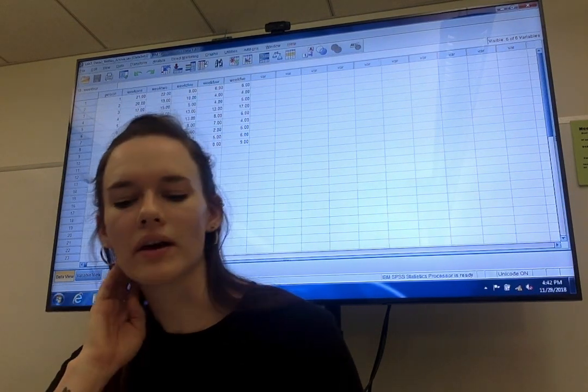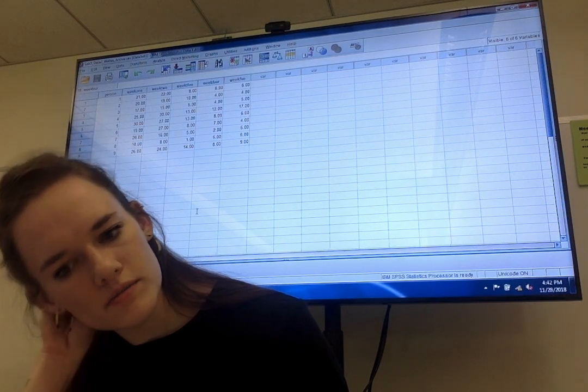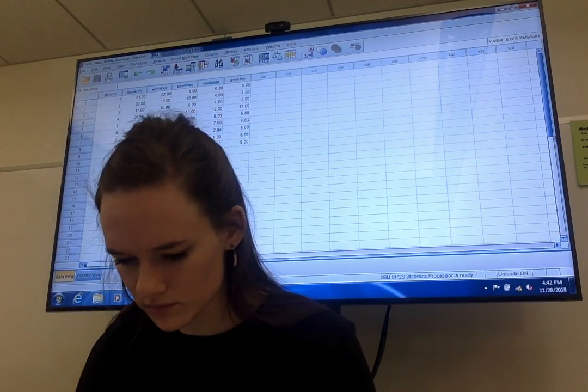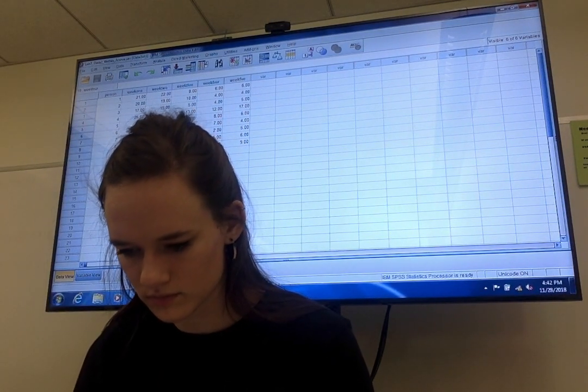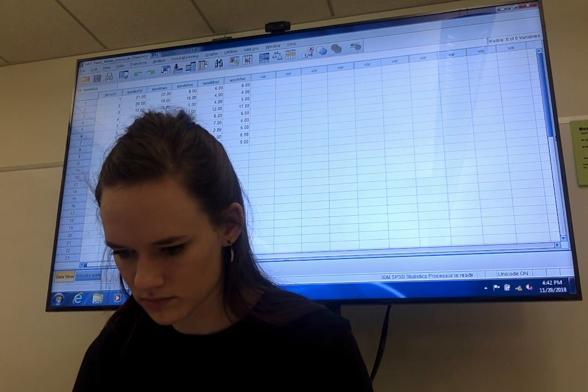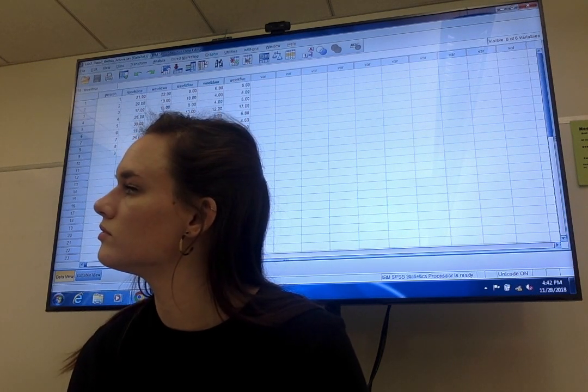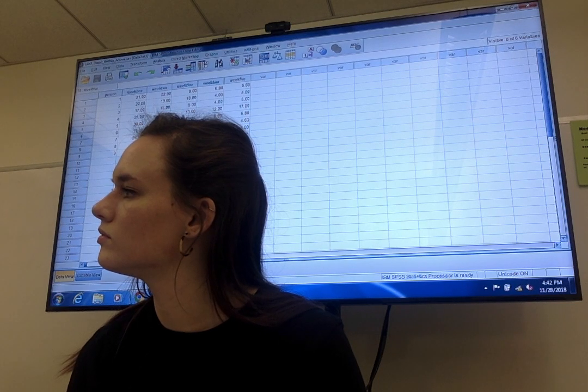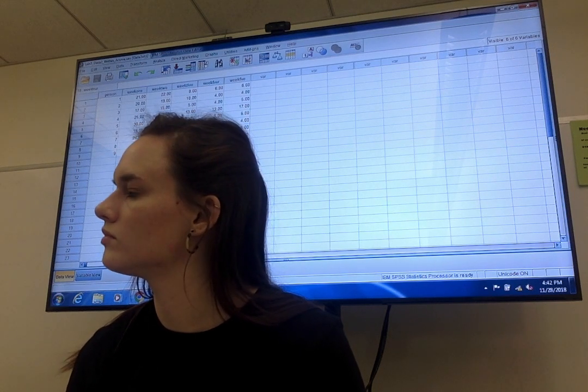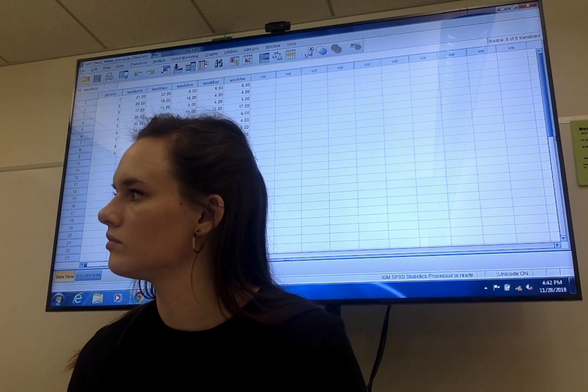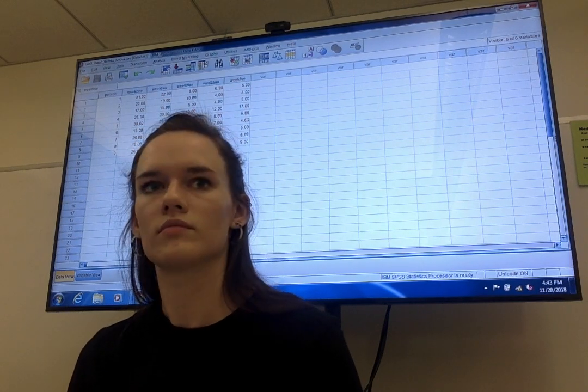It's opening. Okay. So there doesn't need to be one level of the dependent variable. There needs to be one DV, but it can have multiple levels. Okay.